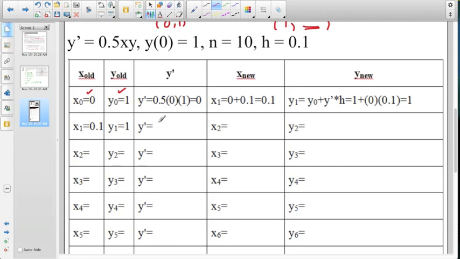Finding the new slope here, we have 0.5 times x, which is 0.1, times y, which is 1.